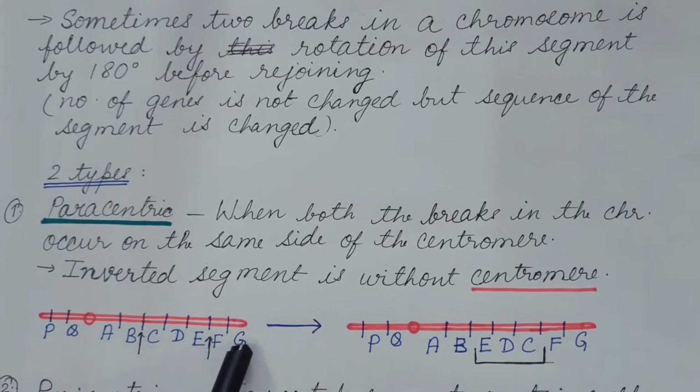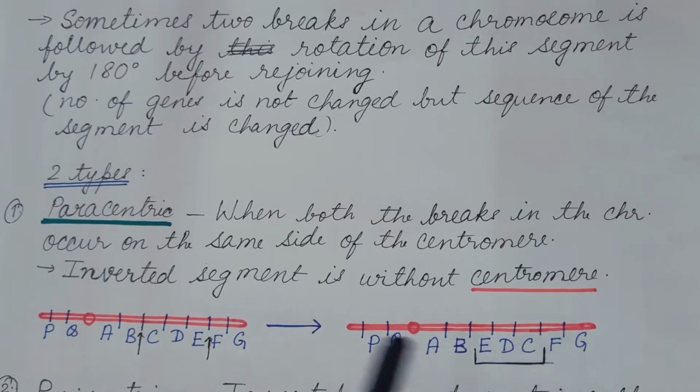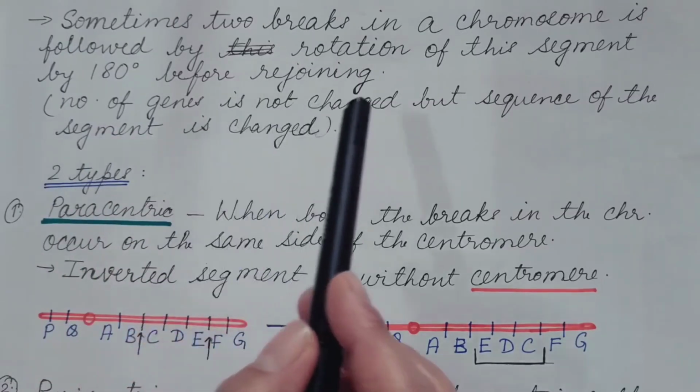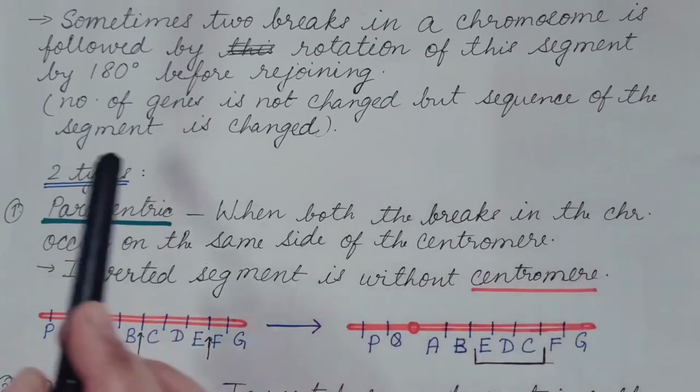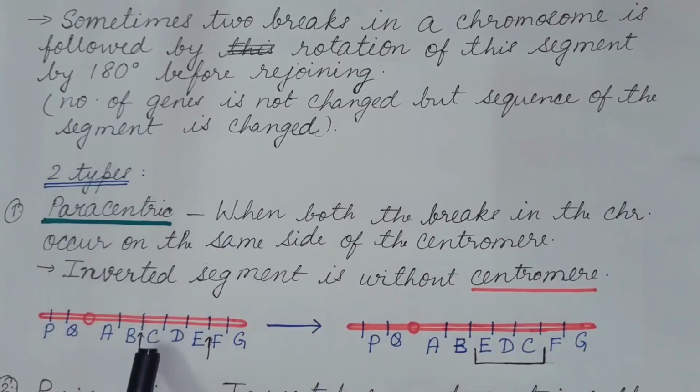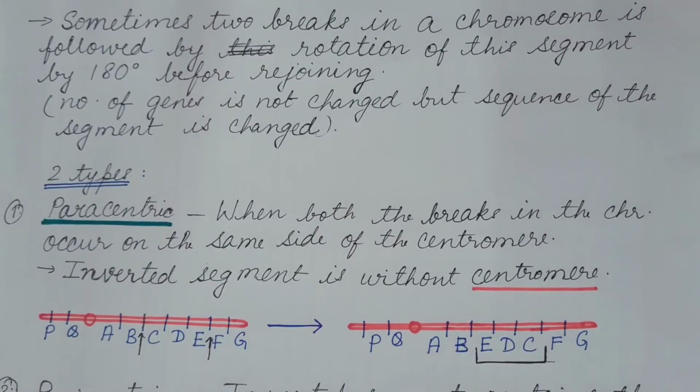This then rotates by 180 degrees and then rejoins. Now what happens? The segment has the sequence EDC. Earlier it was CDE, now it is EDC. So there is no change in the number of genes. Here it is 3, here also it is 3, but the sequence of the segment is changed. The sequence of the segment is inverted. This is known as inversion.